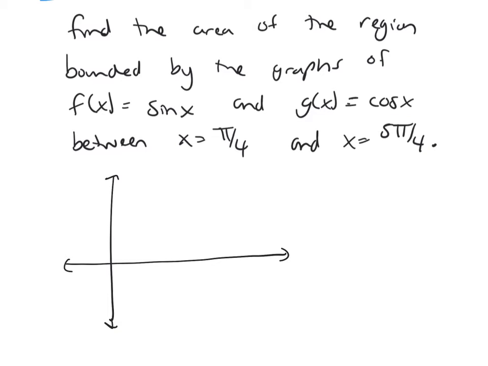So when x is pi over 4, sine and cosine have the same value, root 2 over 2. And then we can go pi over 2, pi, and then 5 pi over 4.